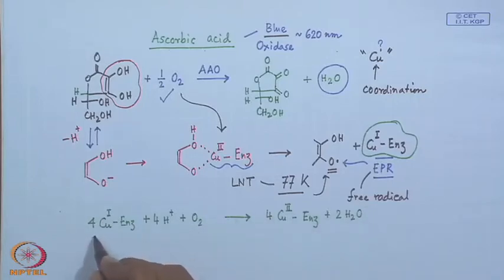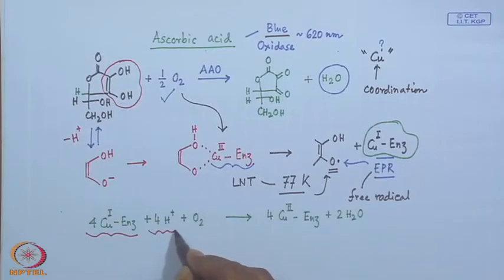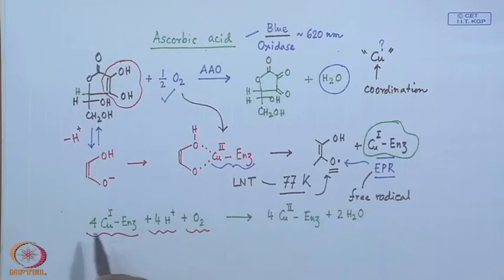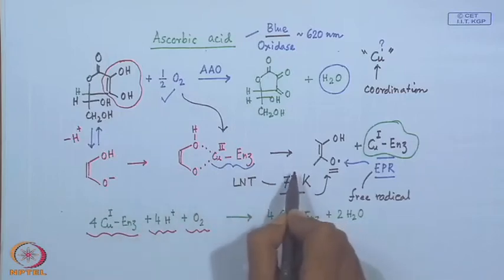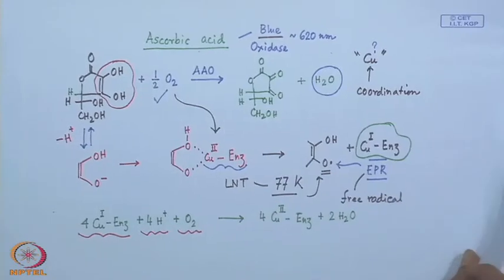This is basically a system where you have one species, this is another and this is another, that means the involvement of the proton, and you have the copper as one part, the enzyme as one part and the dioxygen molecule as one part.